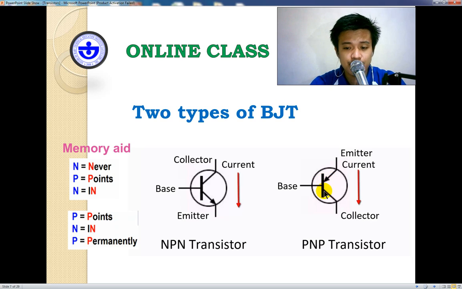You might be asking, sir, what if the arrowhead is found here below, pointing inside, and the emitter is found on the other side? The same way, it is still called PNP because the arrowhead is pointing in permanently. It is always pointing inside. Then it is called a PNP transistor.